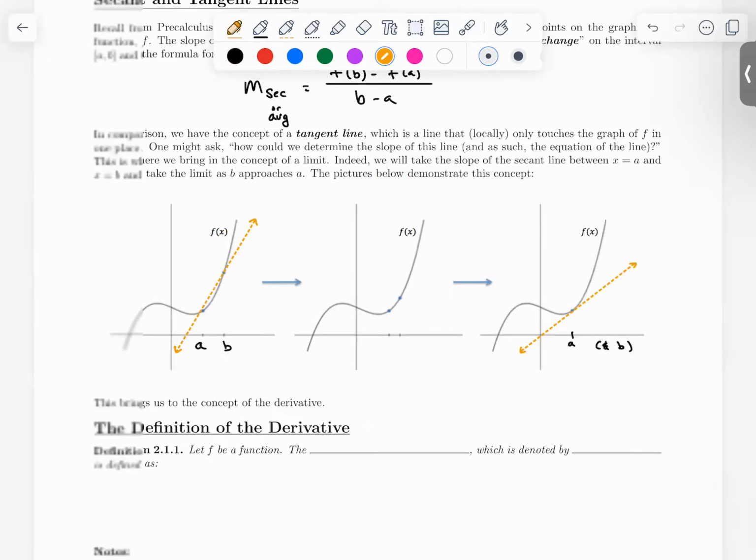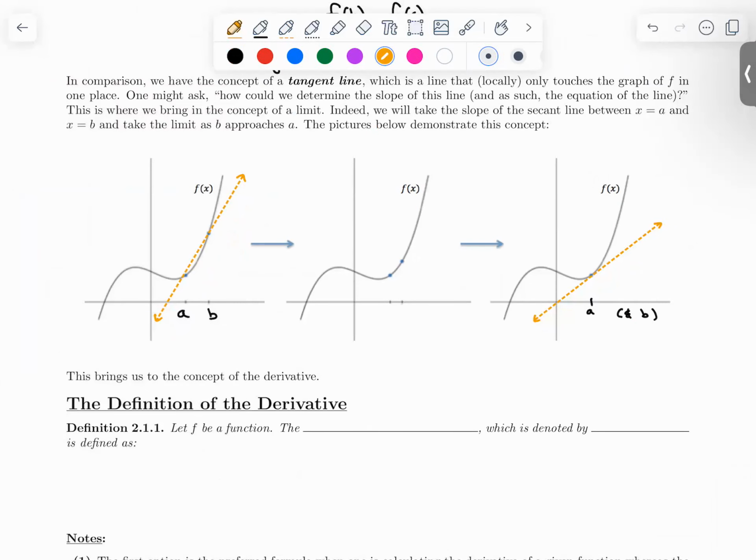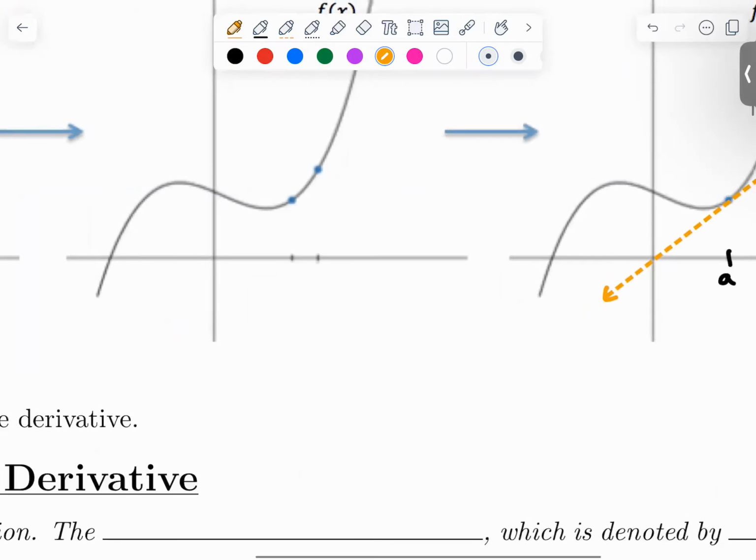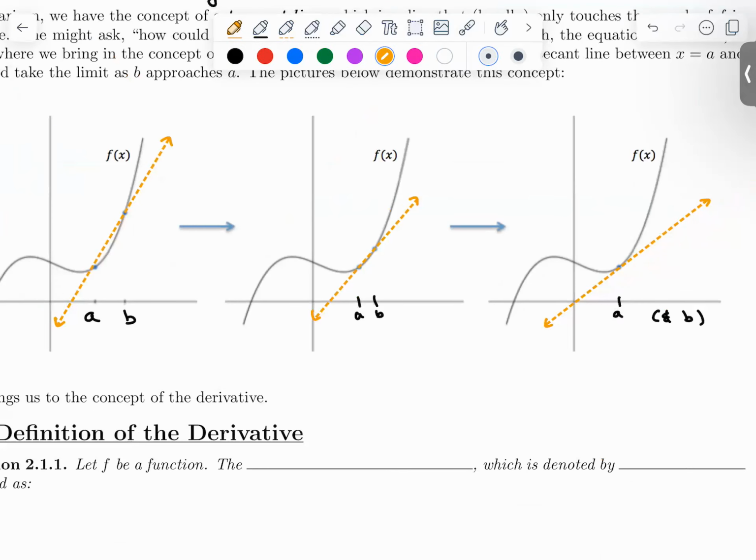So that distance of B was not enough to give us an accurate representation. So we get closer. We make A and B right here, and then the line becomes a little more accurate, but it's still not accurate enough.